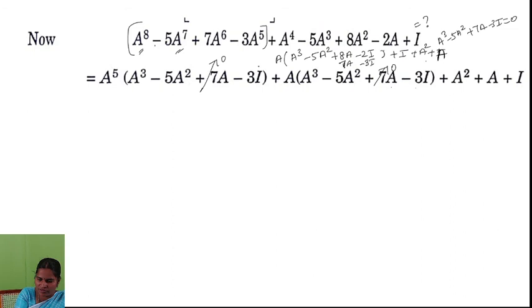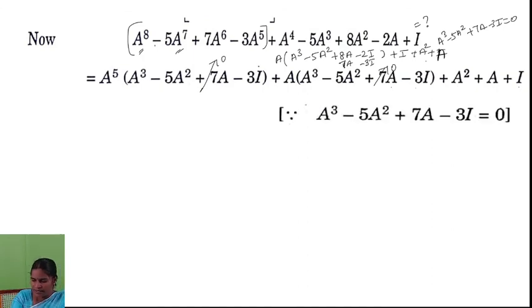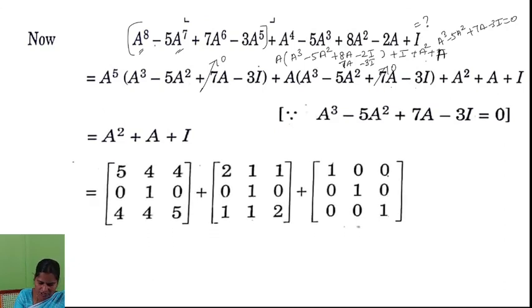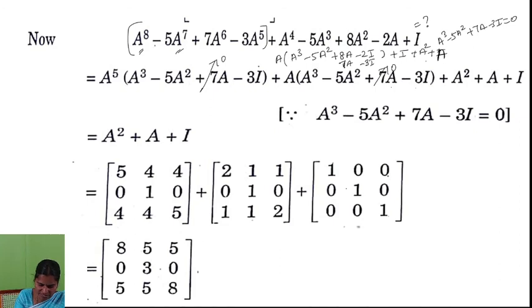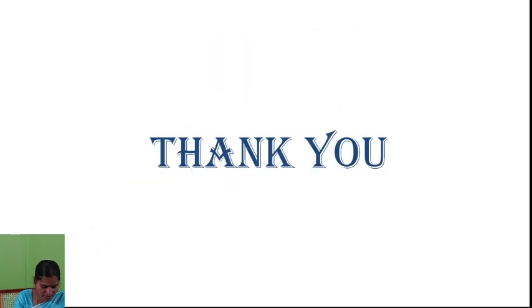Hence, to find the value of this biggest equation, it is enough to find the value of A square plus A plus I. The value of A square we already have. Therefore, substitute each value of A square, A and I, and simplify. If we simplify this, we will get this value. So this is the value of the given equation. That's all. Thank you.